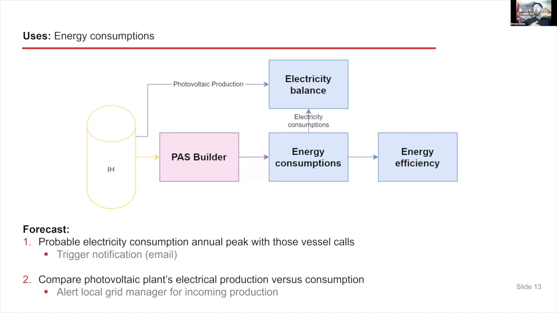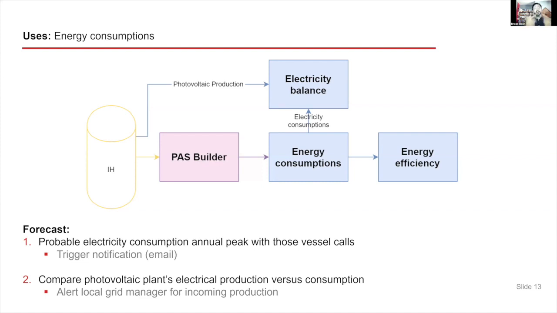You can also use external data. If you have photovoltaic panels, you have a time series about your electrical production. So you can run a model on it to forecast next week. So now we've got 2 time series. We can make an automatic calculation of the balance between those 2, production and consumption.